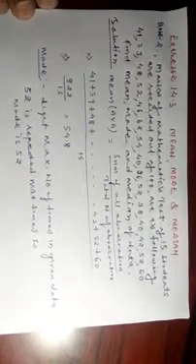And the third thing is median. That is very important. Actually it depends upon the number of observations. So how many observations do we have? 15.